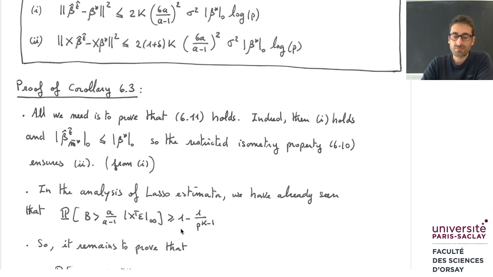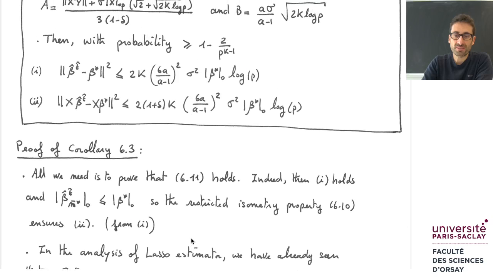So you just have to look at the analysis done for the lasso estimator, in the last lecture, lecture 4, in order to get this lower bound on the probability of having this inequality, right? So for this part of the condition 6.11, we already know that it holds with at least this probability.